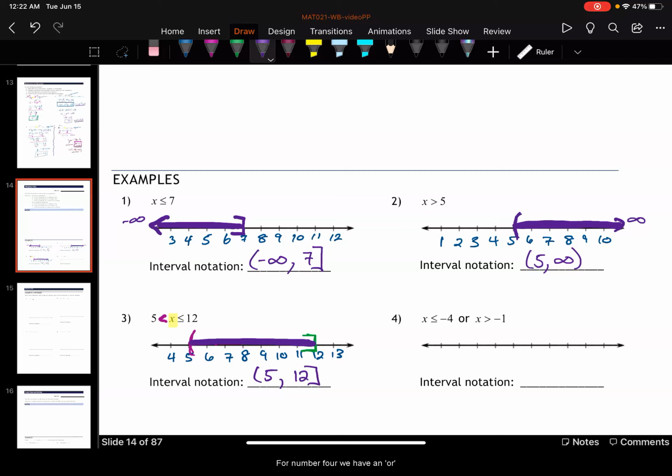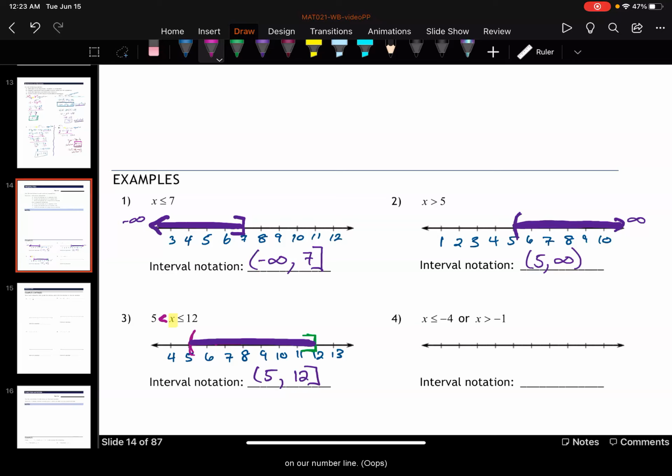For number 4, we have an OR statement, still a compound inequality because we're putting two inequalities on one graph. So let me start with this first one, x is less than or equal to -4. So let's see, we have -4 and we have -1.